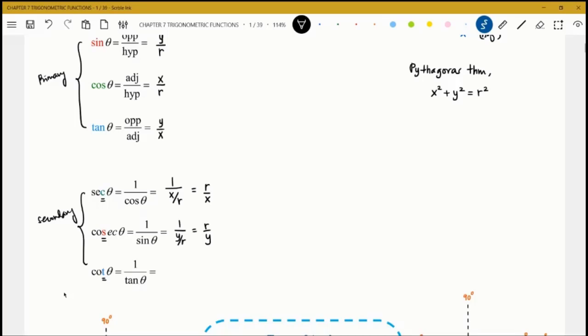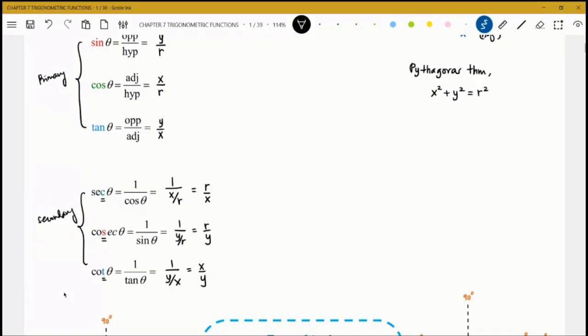So tangent itself is Y over X. So 1 over Y over X, we're going to have X over Y. Okay, so that's how we find sine, cos, tangent, and the secondary which is secant, cosecant, and cotangent theta. Okay, so yang ini kamu kena tahu sebab kita akan solve depends on these 6 functions. So that one is for the trigonometric ratio.